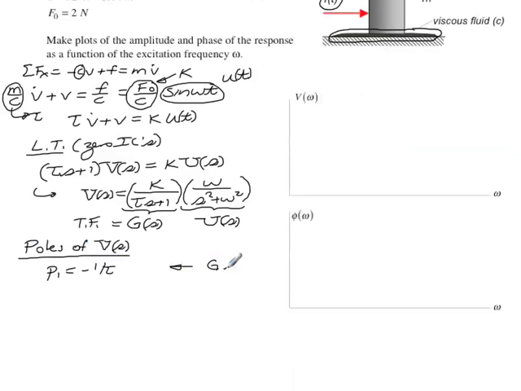Again, this is coming from G of s. And then our input has two poles, P2 and P3. S squared plus omega squared equal to 0 means that the two roots of that are plus or minus j omega. So again, these are the two poles that are coming from U of s.